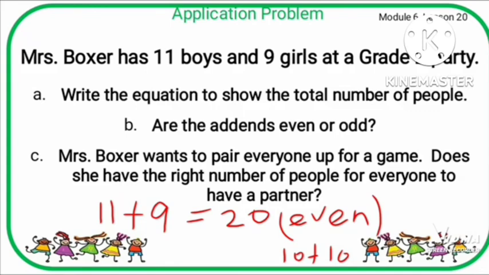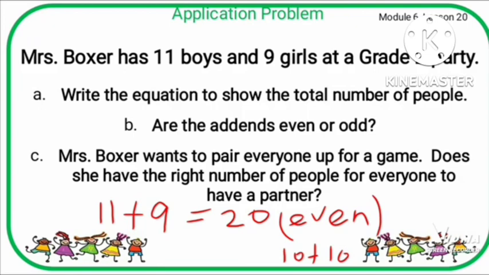Let us see. 11 is odd. 9 is odd. 11 plus 9 equals 20. So 11 plus 9 equals 20, the total number of people there. Is it odd or even? 20 can be shared into 2 equal parts, so it is even.